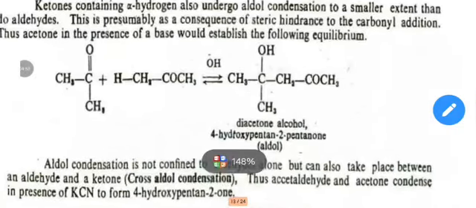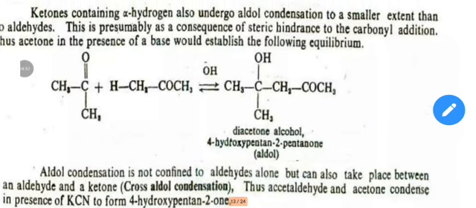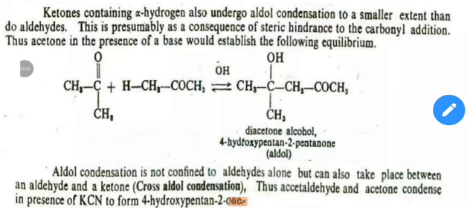Ketones containing alpha hydrogen also undergo aldol condensation, to a smaller extent than do aldehydes. This is presumably as a consequence of steric hindrance to the carbonyl addition. Thus, acetone in the presence of base would establish the following equilibrium.